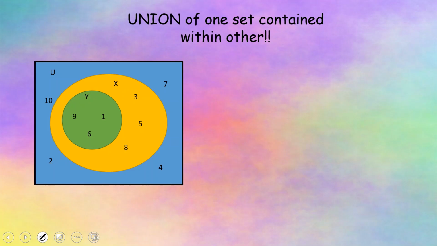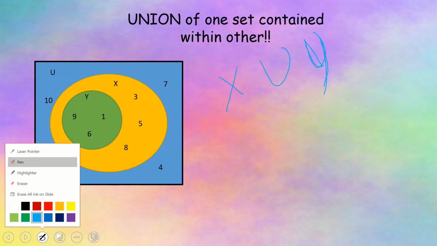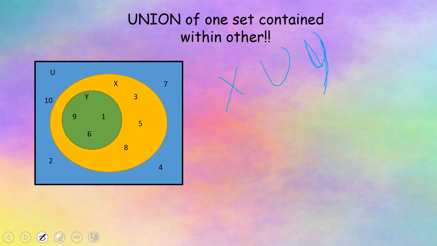Now you are asked to draw and label a Venn diagram that shows the union of X and Y. How will you find the union?